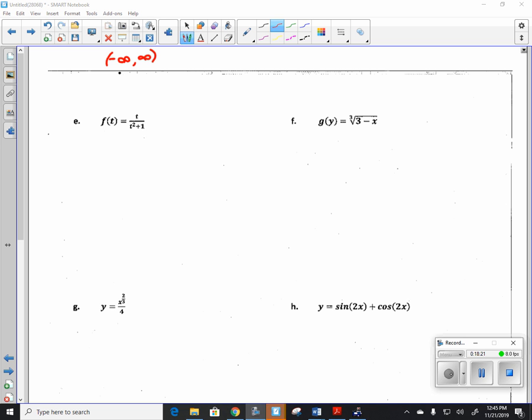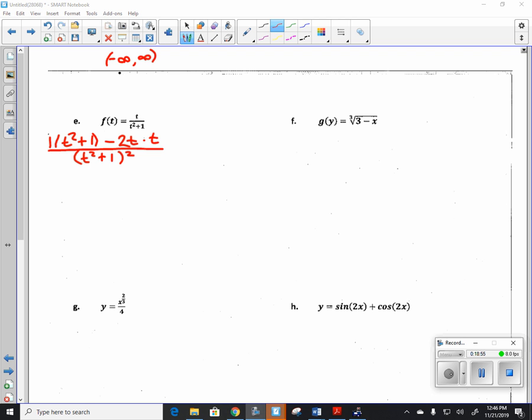I want to take the derivative. I can't rewrite this like I did the other one, so I have to use what rule? The quotient rule. Derivative of the top, 1 times t squared plus 1, minus derivative of the bottom, 2t times t, all over t squared plus 1 quantity squared. So in the numerator, I have t squared plus 1 minus 2t squared.